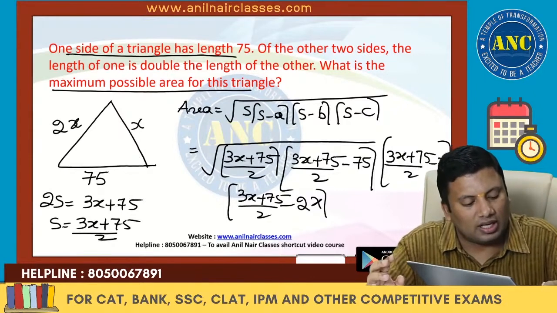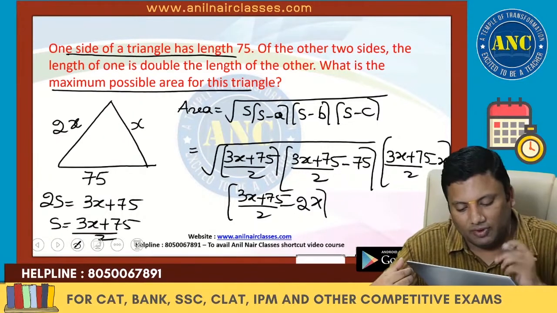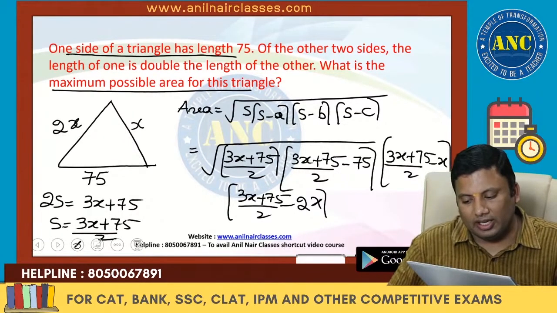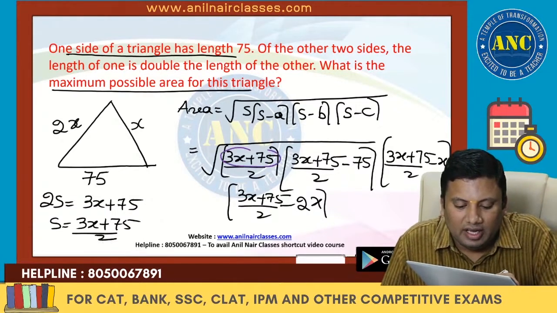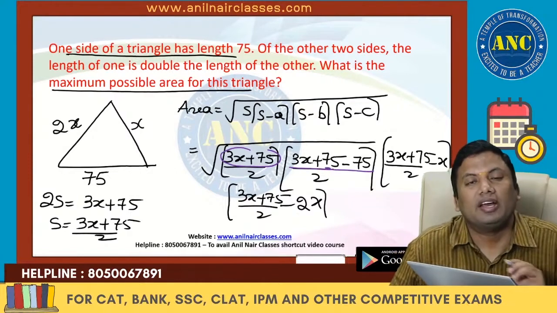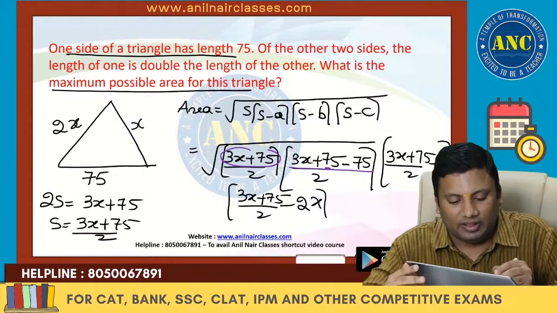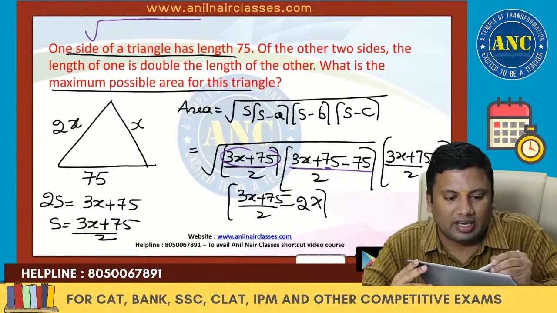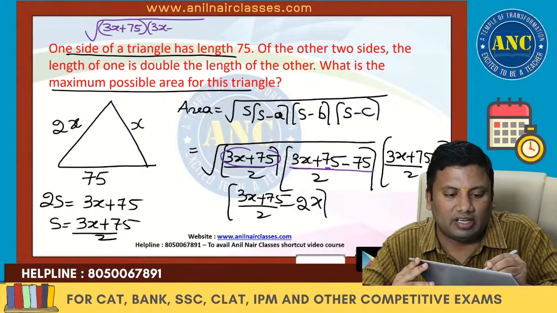Now if you observe, there is a beautiful observation in the root value that we will derive. Taking the LCM, 3x plus 75, minus 150, minus 150, minus 75. The first and second give 3x plus 75 and 3x minus 75 divided by 4.